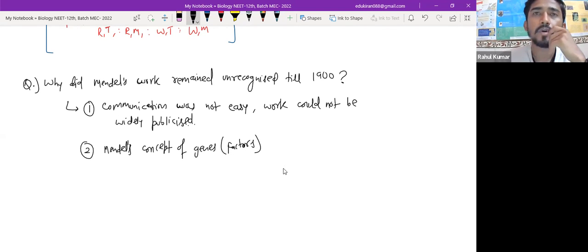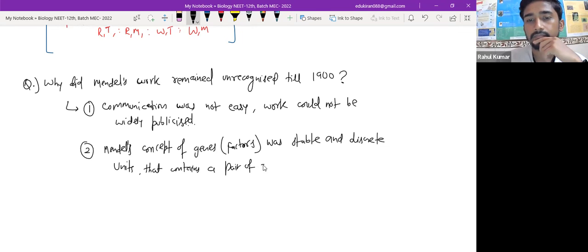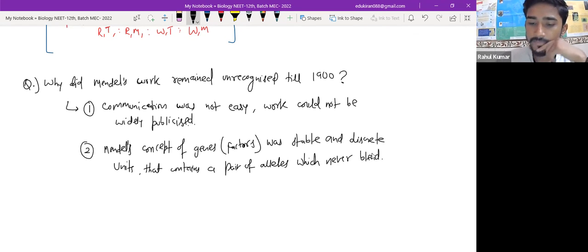was a stable and discrete unit that contains a pair of alleles which never blend with each other.